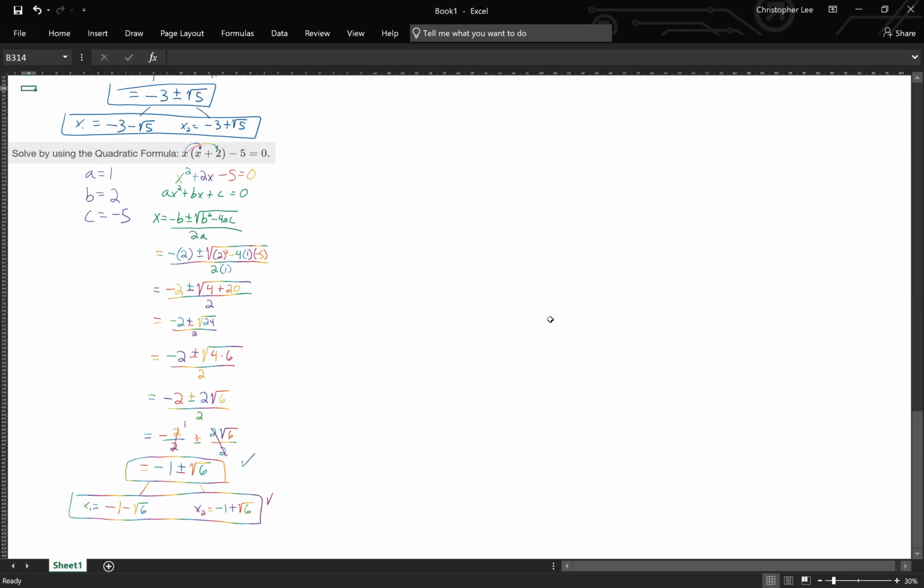Negative? No, it's positive. If you square root 25, you should have plus or minus 5, just add 6. Just add 6 up here. So you should have 6 minus 5 and 6 plus 5. So yeah, that's it.